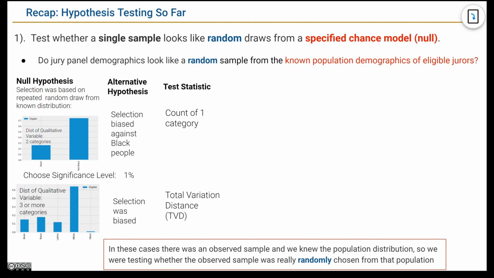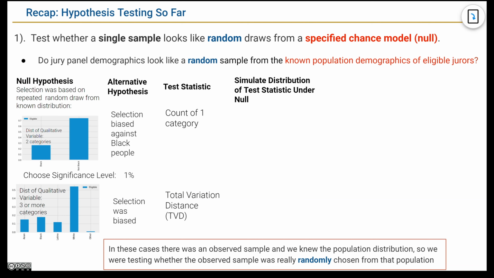We wouldn't be able to distinguish a direction because it would be counting selection for Black people versus against Black people equally, in the sense that it's taken an absolute value. And so we didn't use that as the test statistic because we were interested in actually discerning a specific direction.